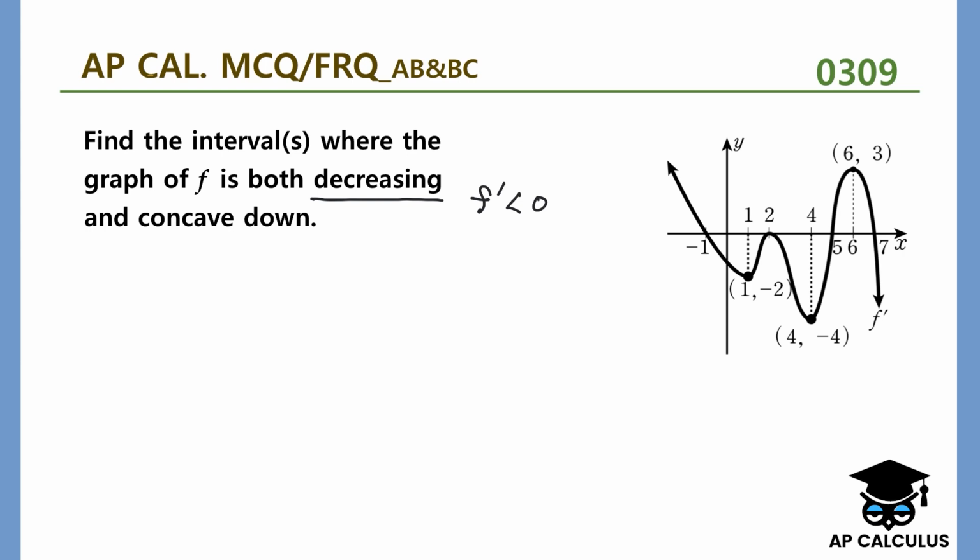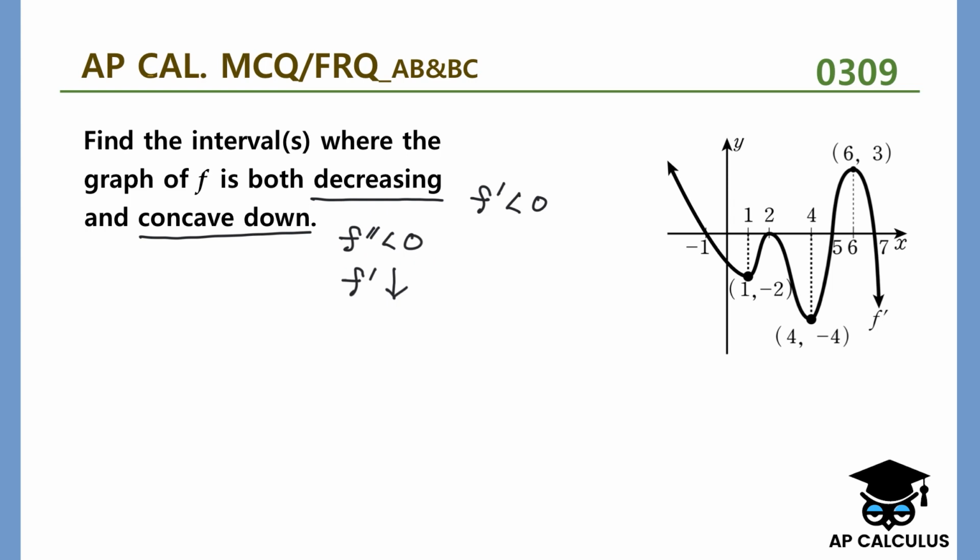And the graph of f is concave down when f double prime is negative, right? When f double prime is negative, we know that f prime is decreasing, right? Because the second derivative is the slope of tangent line to the graph of f prime. So f prime has to decrease so that f double prime is negative.